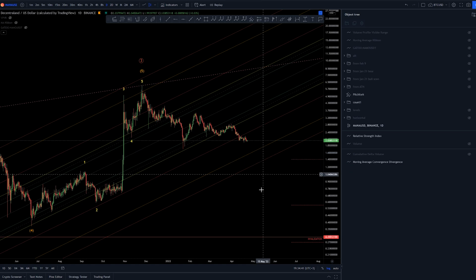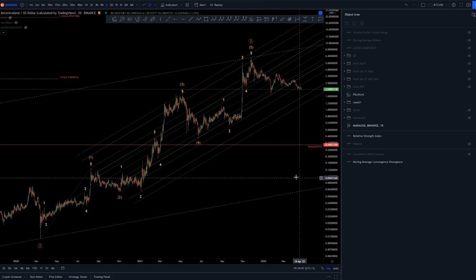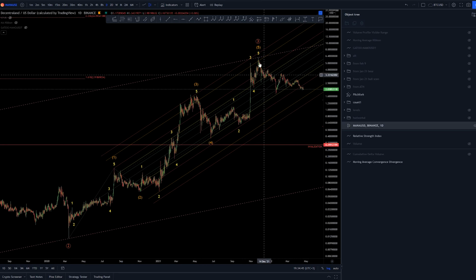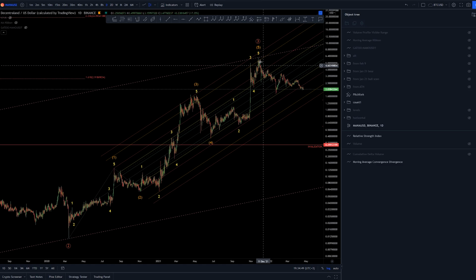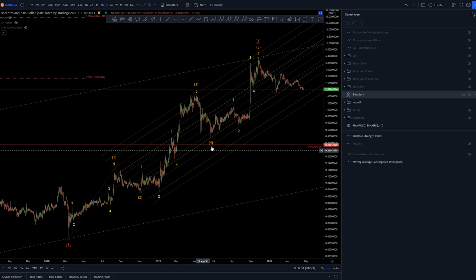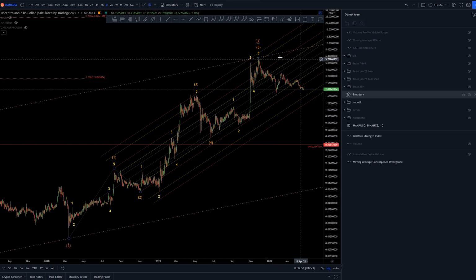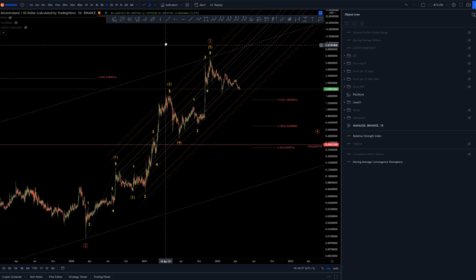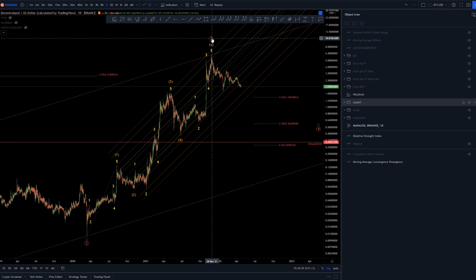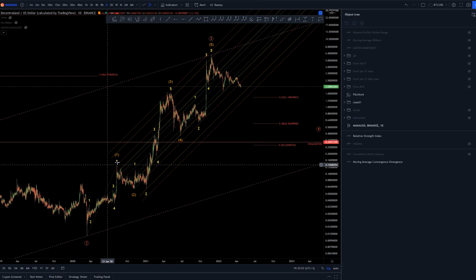If we break the median 2, that basically confirms that the structure we had on this upward trend is over, and this structure is no longer part of it, which would make the scenario where we have a larger wave 3 here more relevant and more likely.